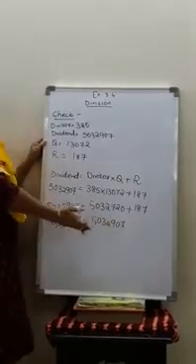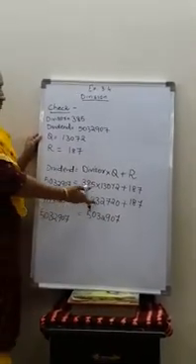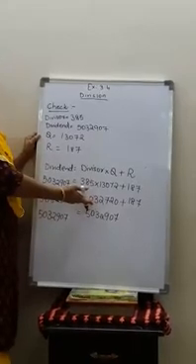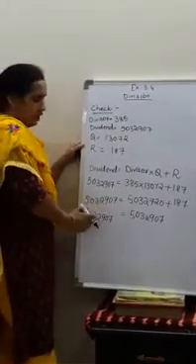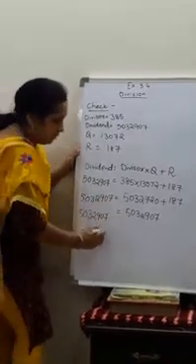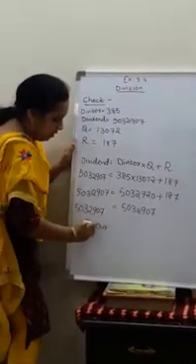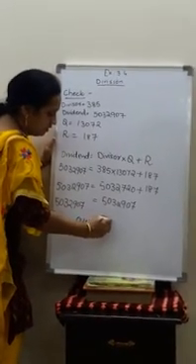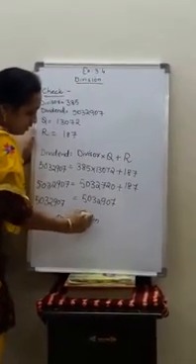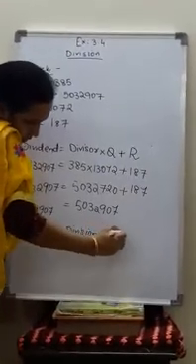Children, don't write directly. You have to do the multiplication calculation and then find out whether you got the same answer or not. Here both the answers are the same, therefore our division is correct.